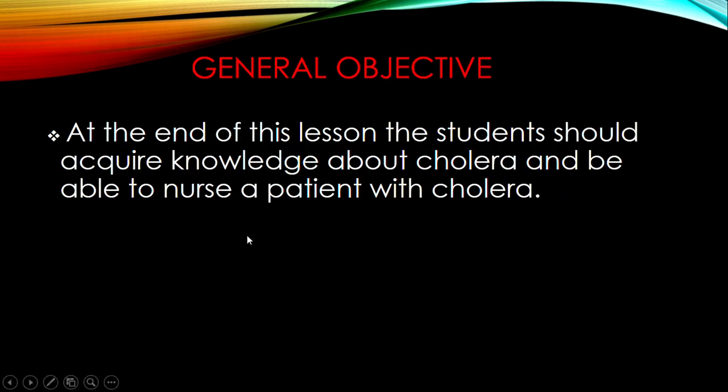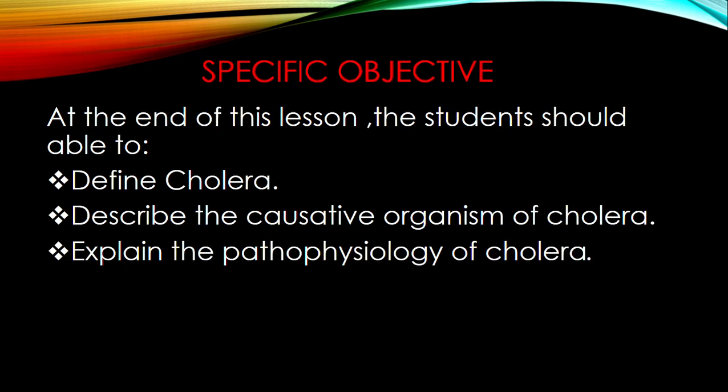Our general objective is that at the end of this lesson, the student should be able to acquire knowledge on cholera and be able to nurse a patient with cholera. Our specific objectives are as follows: we should be able to define cholera, describe the causative organism of cholera, and explain the pathophysiology of cholera.